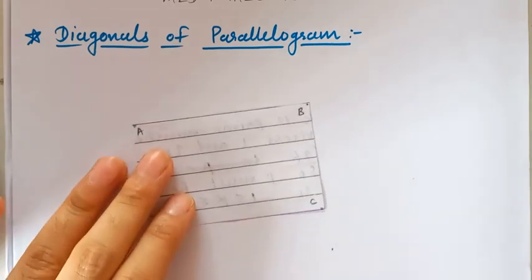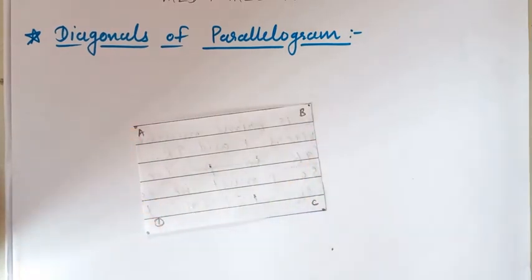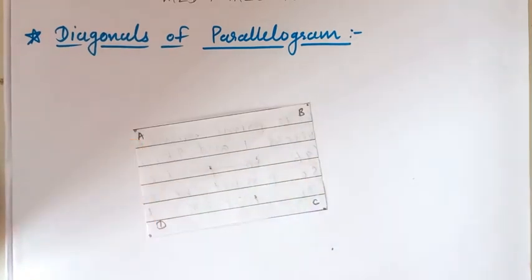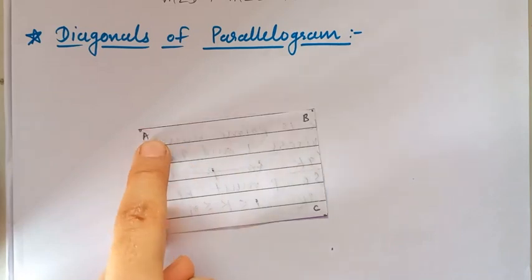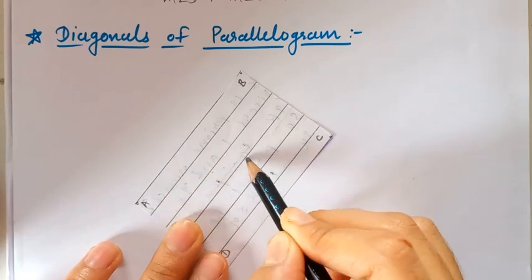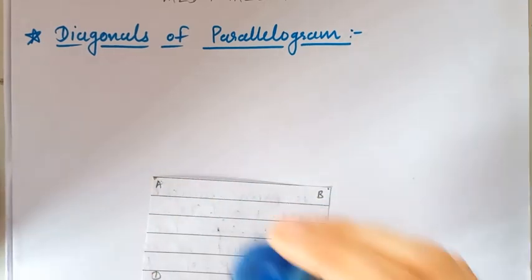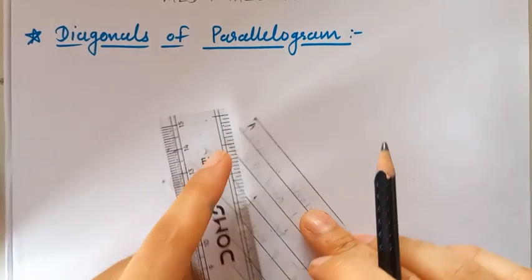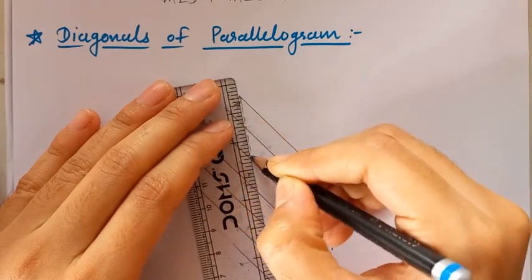We decided that these two diagonals meet each other at point O. Find the midpoint of AC by a fold, placing C on A. First let's make the diagonal, not directly but with a ruler, because this requires perfection.